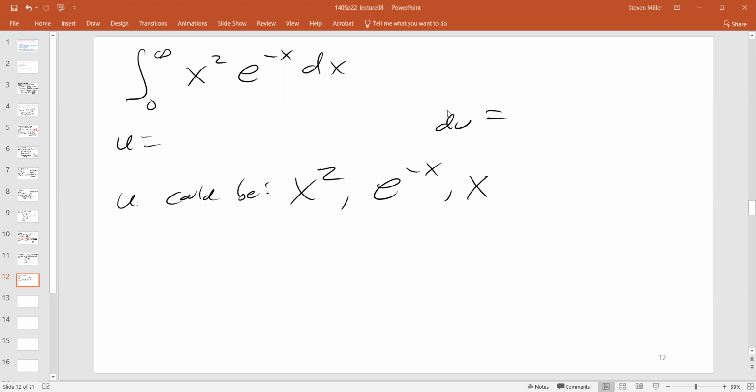So what would that be? You could do that, and then you wouldn't have anything. So you could do x squared e to the negative x. You could do x e to the negative x. And you could do 1. So there's a lot of possibilities. Which one do you think is going to be the one to try?